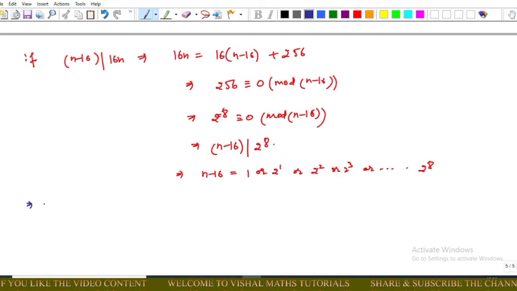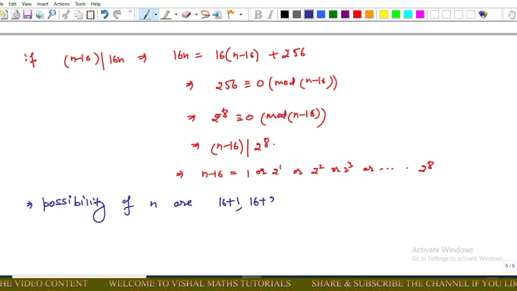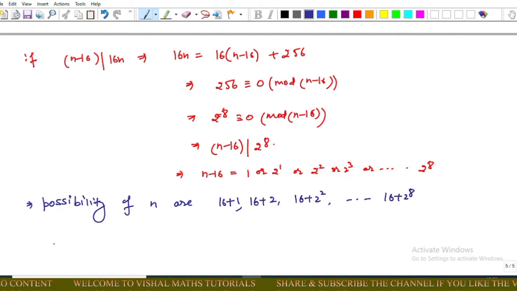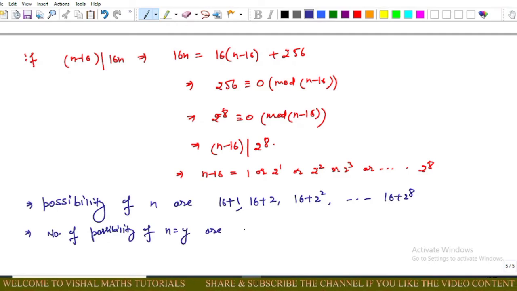So the possibilities of n are 16 plus 1, 16 plus 2, 16 plus 2 power 2, and so on, up to 16 plus 2 power 8. This implies that the number of possibilities of n, that is y, are 9.